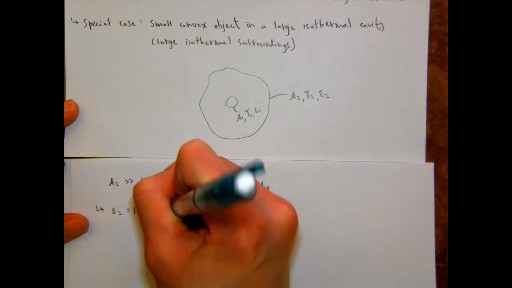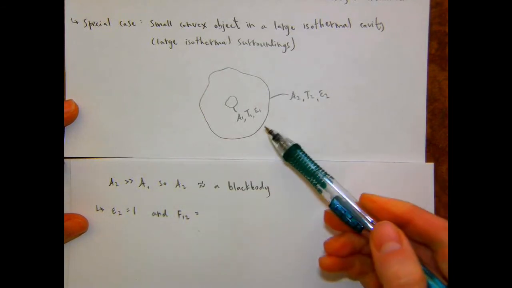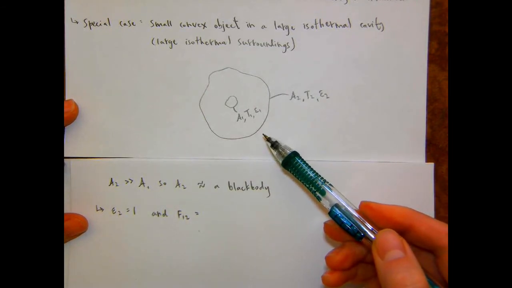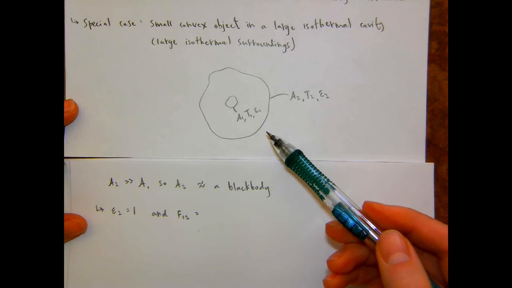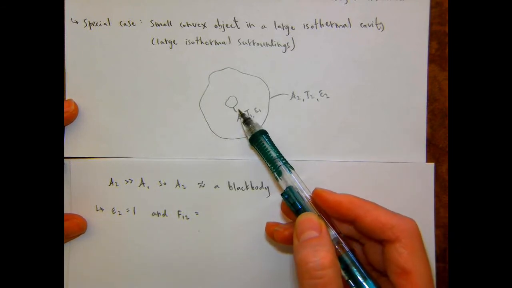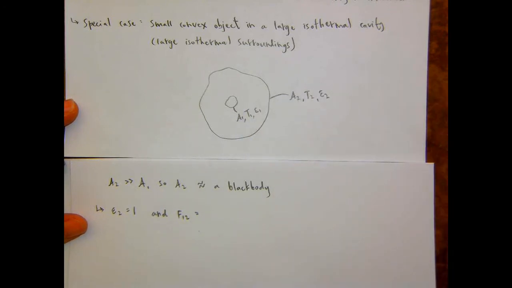And from looking at the setup, we can tell that the view factor, F12, is going to be 1. So this is a convex object. So from the summation rule, F11 plus F12 equals 1. F11 will be 0. F12 is 1.